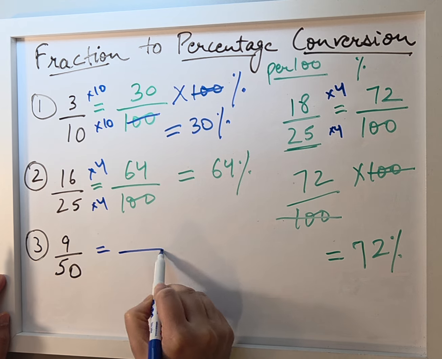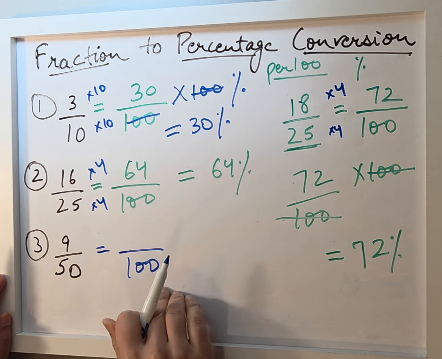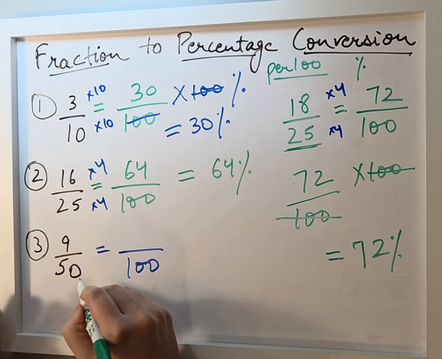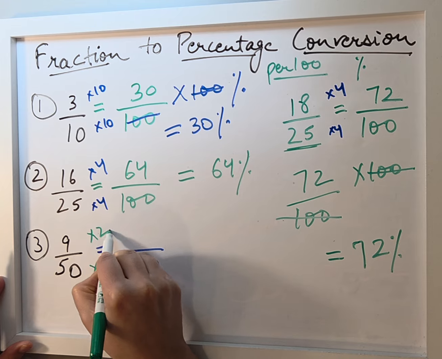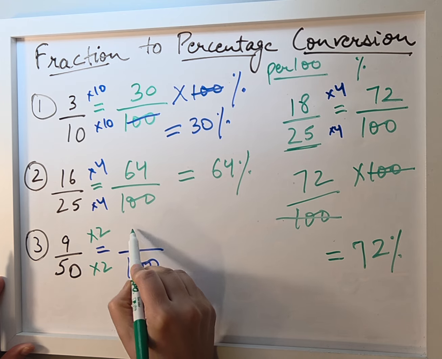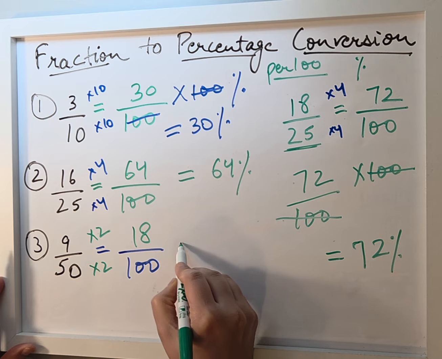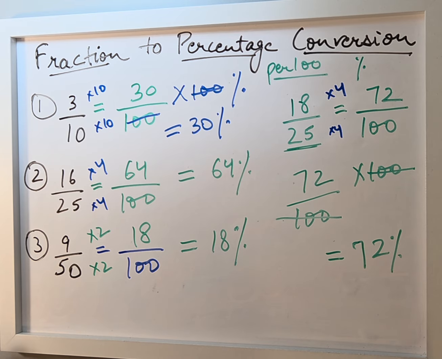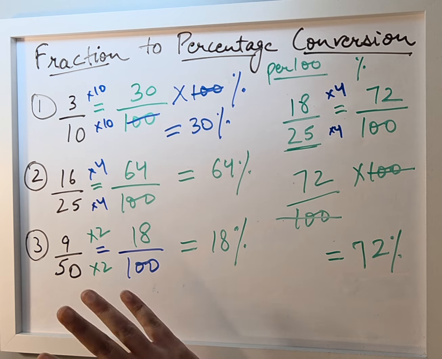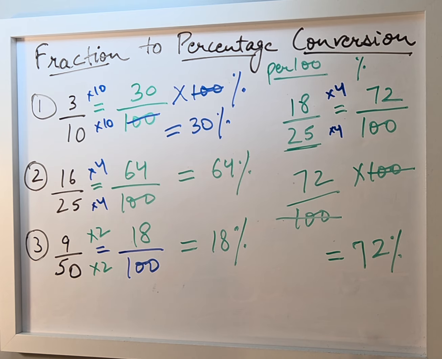How do we make 50 into 100? We multiply it by 2. 50 into 2 is 100. So we multiply the numerator 9 into 2 as well. This becomes 18. So it becomes 18%. So this is one of the ways to convert a fraction into a percentage.